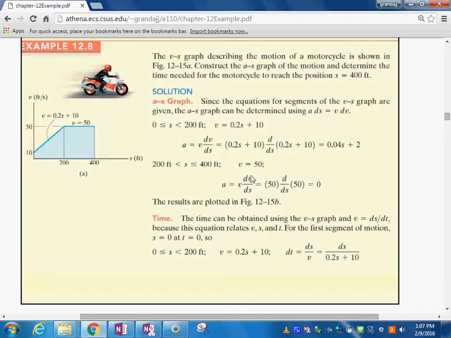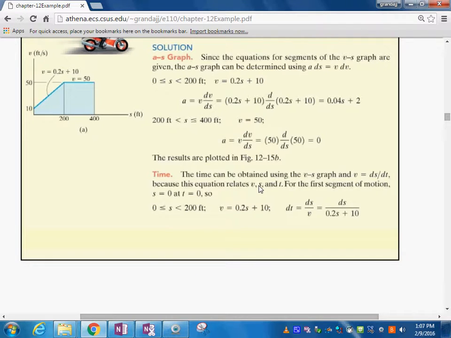So if we look at this in here, we will see that if you do the integration on both sides here, t is 5 times natural log of 0.2s plus 10 minus 5 natural log of 10.